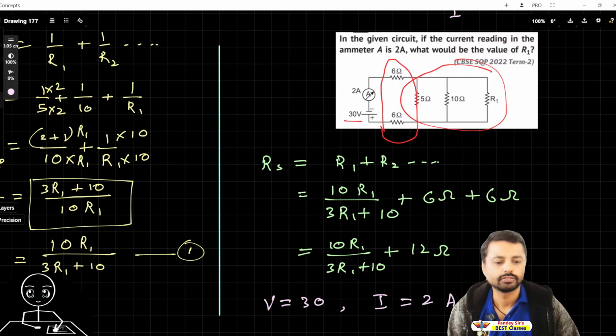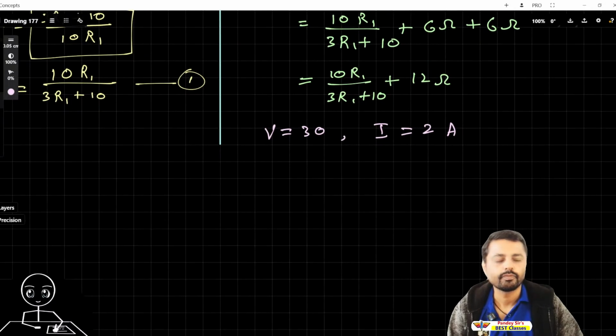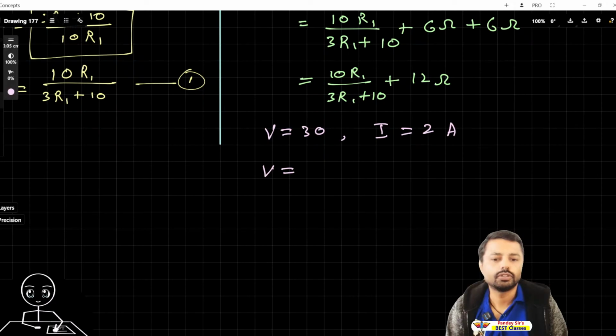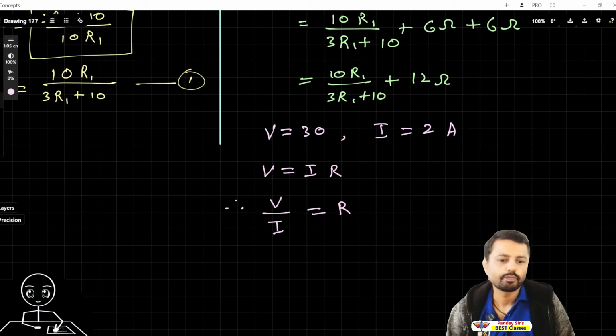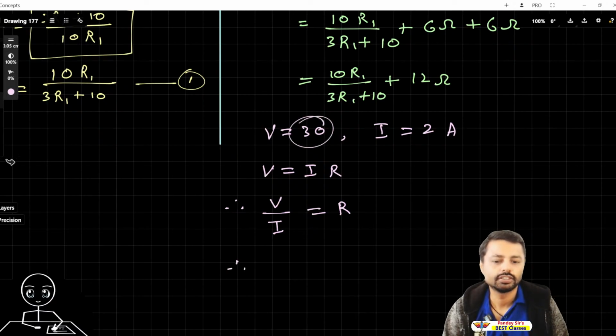Okay. And this is the total resistance. So V equal to IR, the potential difference, current and resistance formula, and from that you can get V by I equal to R. See, that much easy. Okay. So now let's put those values. Therefore, what is V? 30.